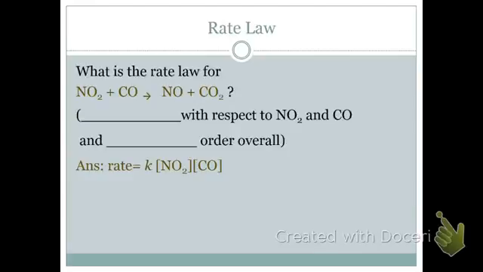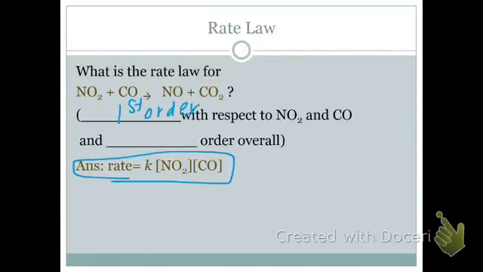So in this particular equation, this is how I would write the rate law right here, because there's just 1 and 1. This is the way you would say it. It would be first order with respect to NO2 and CO, and second order overall. And all I did was add up the exponents. 1 plus 1 is 2.